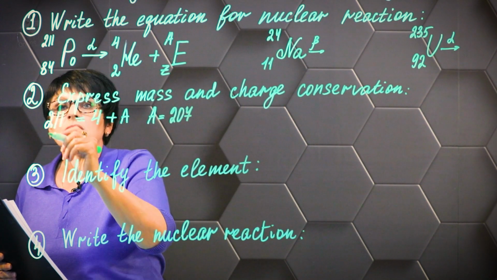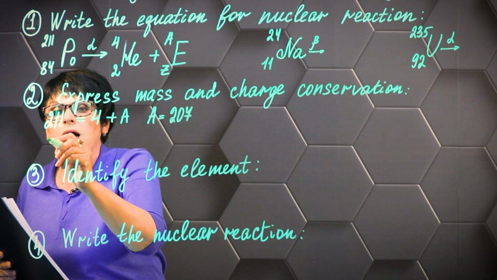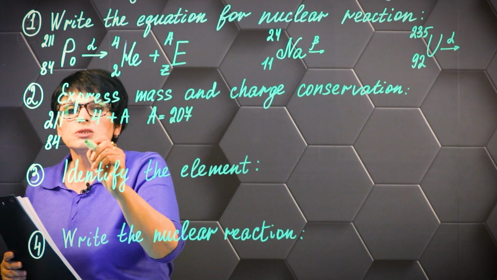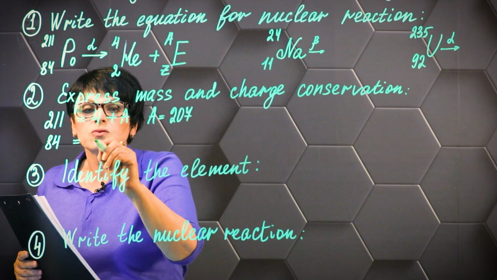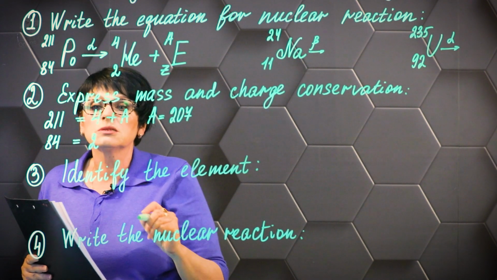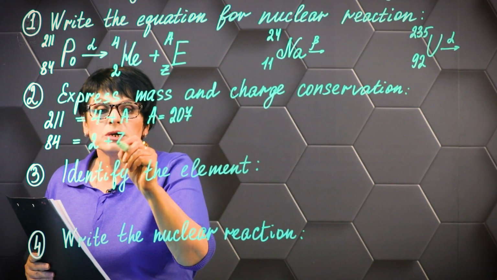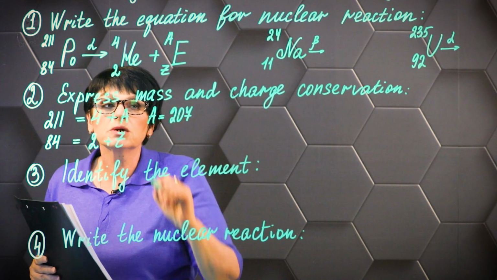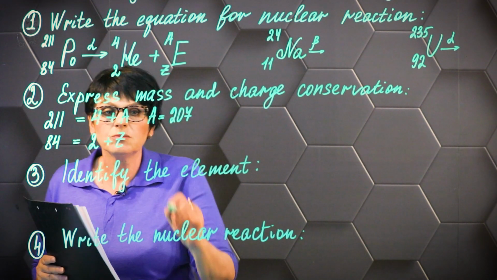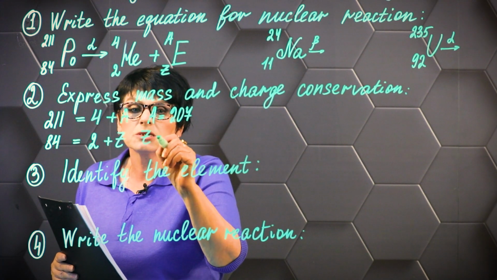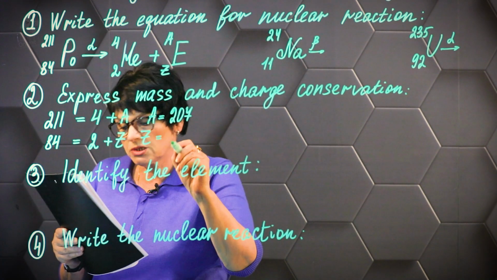Now we do the same manipulation with respect to the atomic number. And then we have helium, we have 2, and plus we have the number that our unknown element has. Then this Z, in this case, we will have 82.